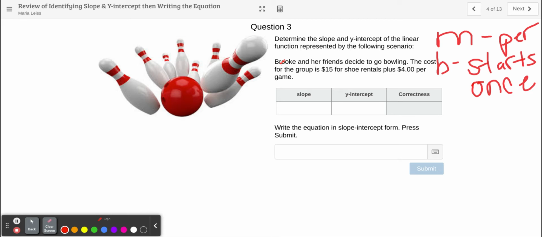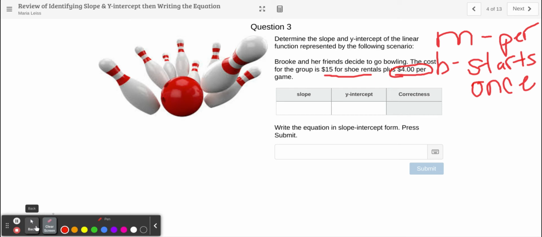So if I look at this problem, it says Brooke and her friends decide to go bowling. The cost for the group is $15 for shoe rental plus $4 per game. So these two numbers are going to go in here. Which one's which? Well, the 4 is with the per. Per is with the m.